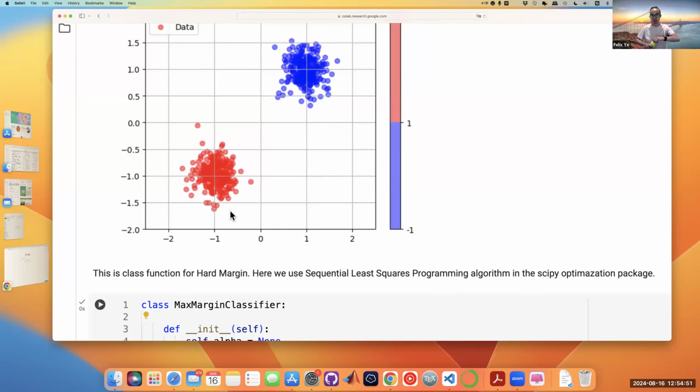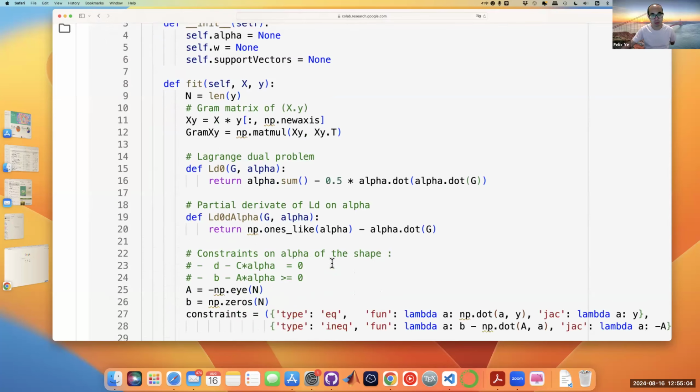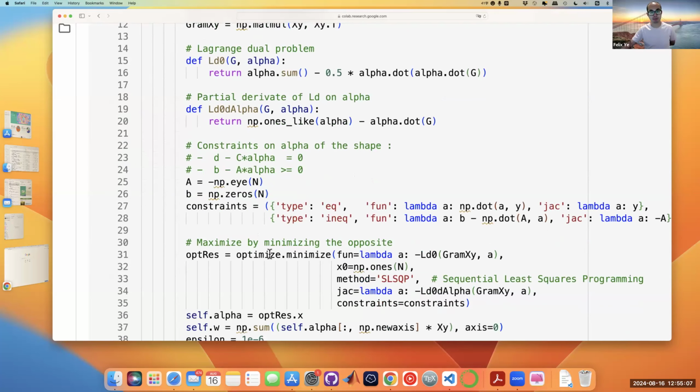So we are using sequential least squares programming, which is SMO. You need to use some SciPy optimization packages. This is optimize.minimize from SciPy, and the method we use is called sequential least squares programming. Basically you need to specify the constraints right here.